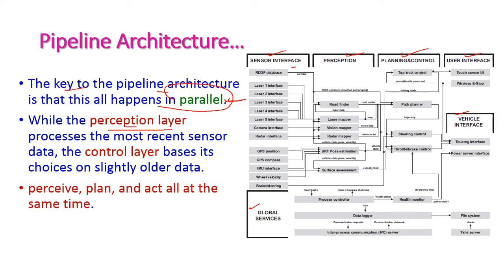The perception layer uses the most recent sensor data and the control layer uses somewhat older data, because only after the perception execution will the data be given to the planning and control layer, isn't it? But the perception and planning act at the same time, everything will be done at the same time. So this is called pipeline architecture.